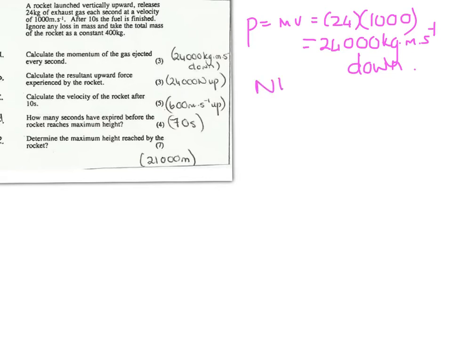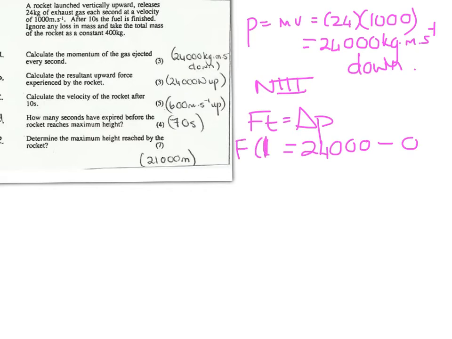Calculate the resultant upward force experienced by the rocket. Newton's third law tells me that the downward force is going to be equal to the upward force. So I'm going to say Ft is equal to change in momentum. The gas was stationary to start with, and then the final momentum would have been 24,000 minus 0, and this all happens in 1 second. So my force, by some coincidence, turns out to be 24,000 newtons.